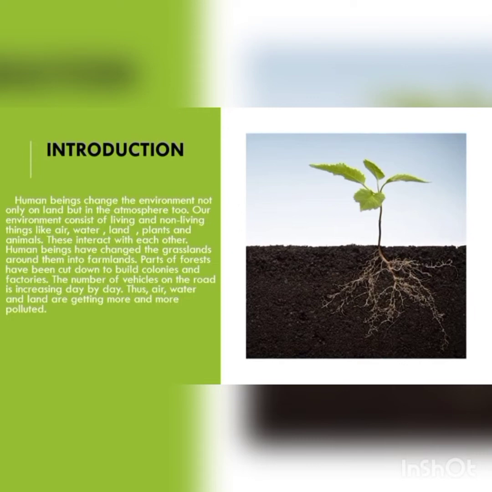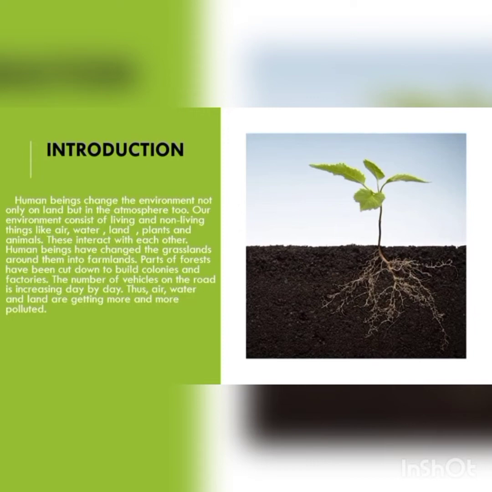Human beings have changed the grassland around them into farmland. Parts of forests have been cut down to build colonies and factories. The number of vehicles on the road is increasing day by day. Thus, air, water, and land are getting more and more polluted.